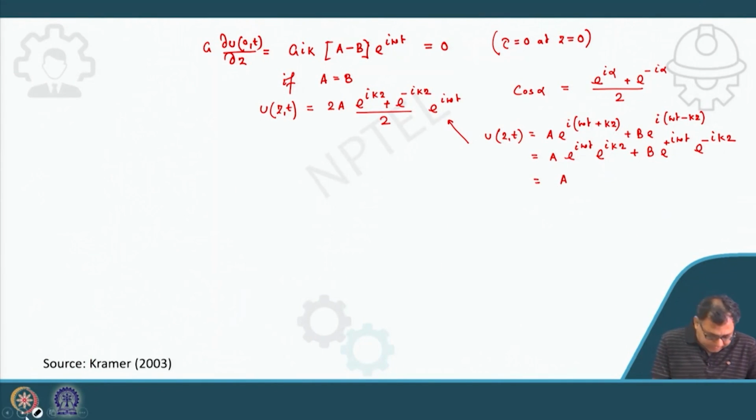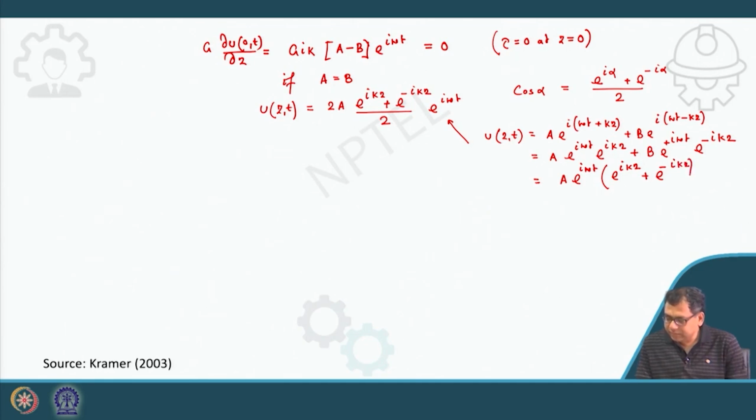If I take A common, and e to the power i omega t, then because A is also B, it will simply be e to the power i k z plus e to the power minus i k z. Okay, this is the expression.